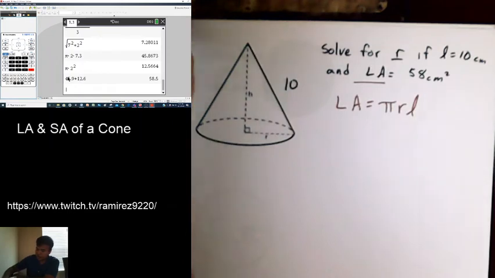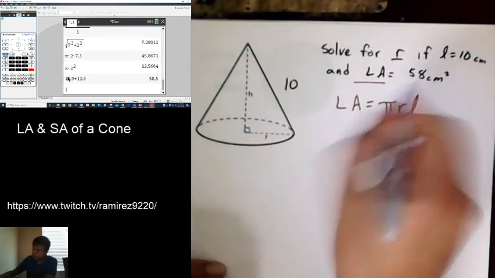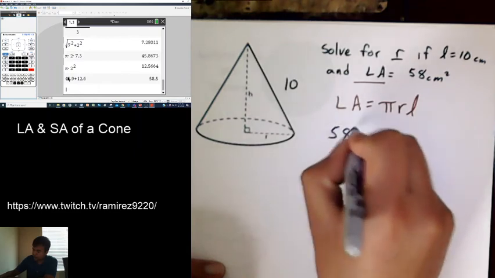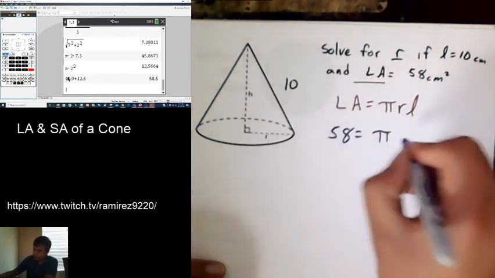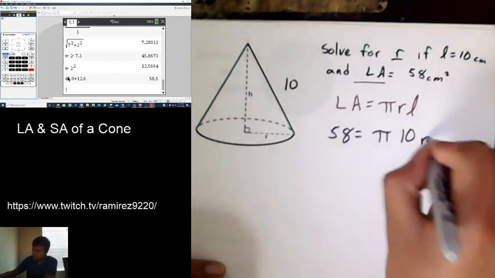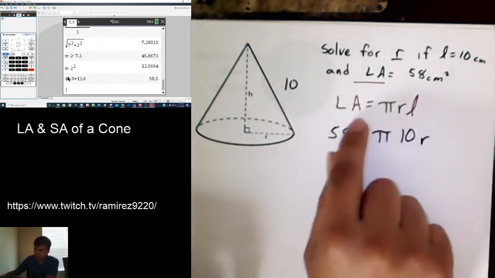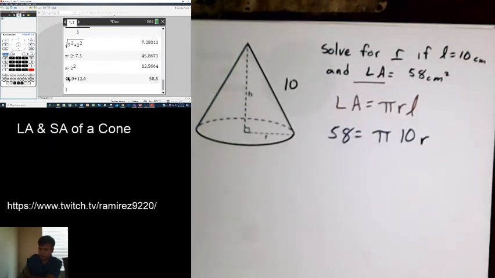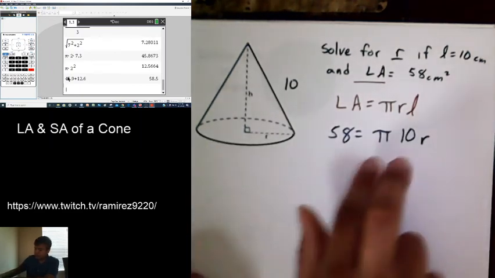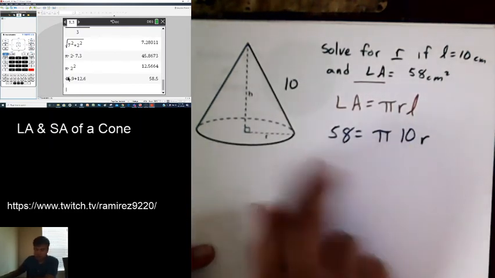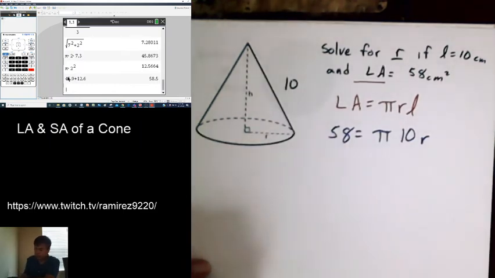And now I just substitute. So the 58 goes here. Pi, I don't know my r, but I do know L. And it's okay to move these around. After all, everything's being multiplied, so it works out fine. So all you have to do is divide to leave r by itself and get our answer.